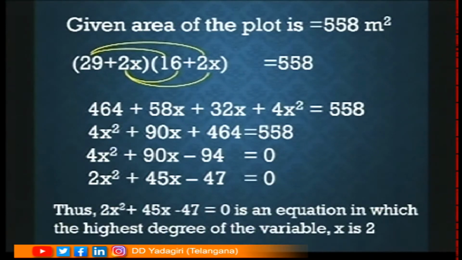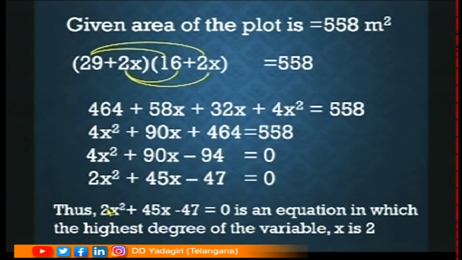Thus, 2x square plus 45x minus 47 is equal to 0 is an equation in which the highest degree of the variable x is 2. Now I am sure you all must be relating this equation to your quadratic polynomial which you have learnt in class 9.